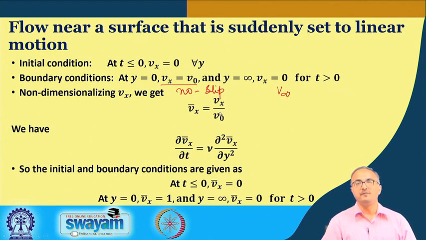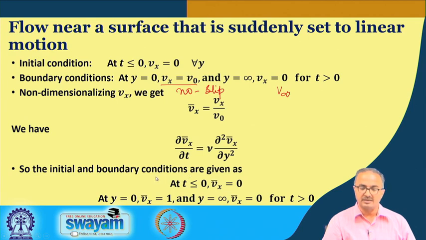Now, what do we do? We go for the non-dimensionalization of the equation. We define the non-dimensional velocity Vx over bar as Vx divided by V naught. V naught is taken to be the characteristic velocity, equal to the velocity with which the surface is moving. With this definition, we get this equation for the momentum balance in terms of the non-dimensional velocity.